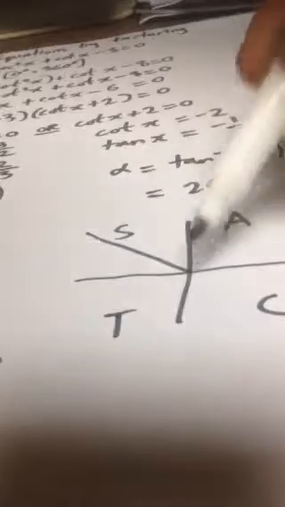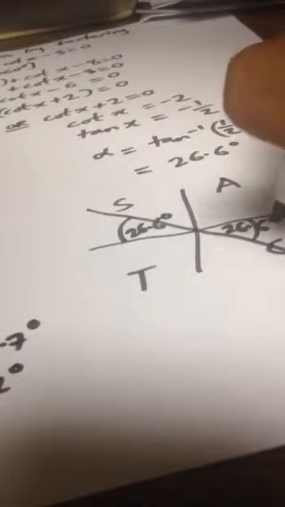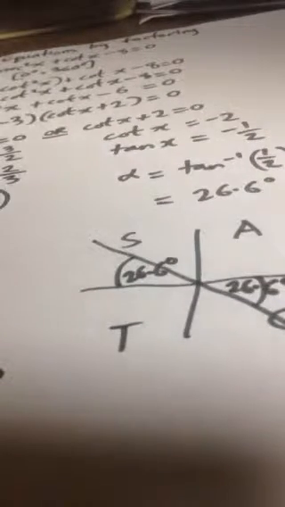This time tan is negative, so we are going to pick up solutions from the second and fourth quadrants, because that's where tan is negative. So we put alpha in the second and fourth quadrants, and then we pick up those two angles.